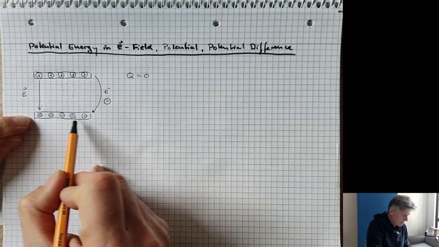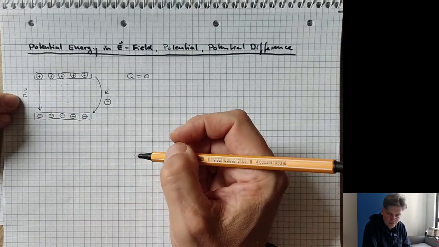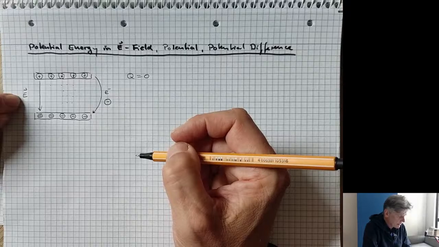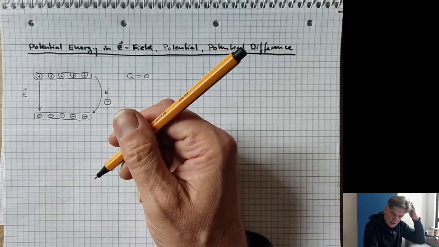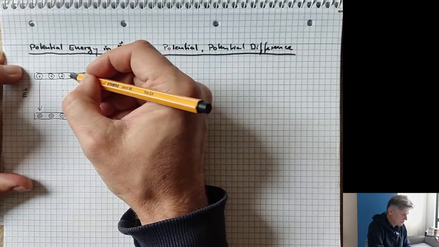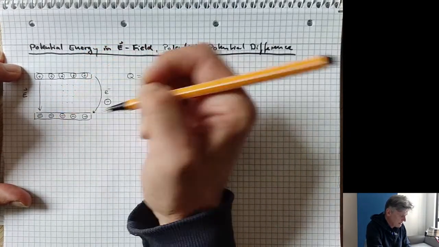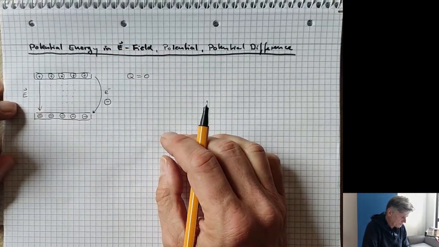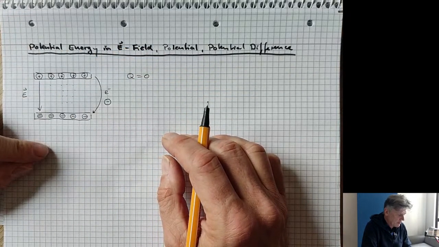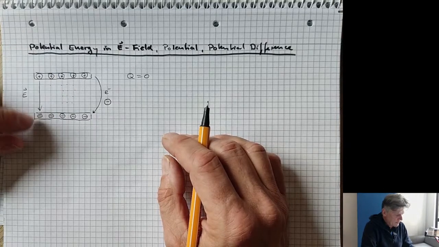Because this becomes more and more negative, this becomes more and more positive, the electric field gets stronger and stronger, and it basically counteracts your action. By moving charges from one side to the other, it's getting more and more difficult the more charges you have.